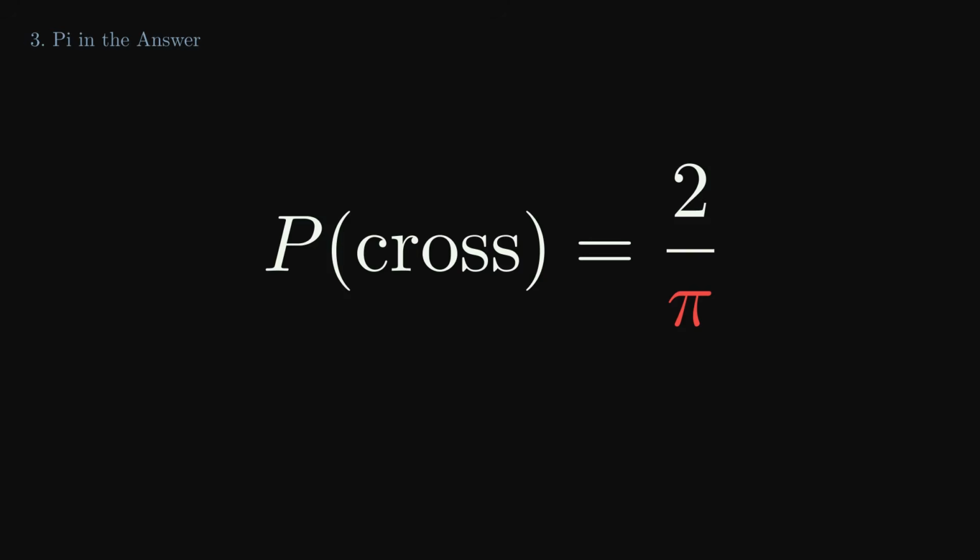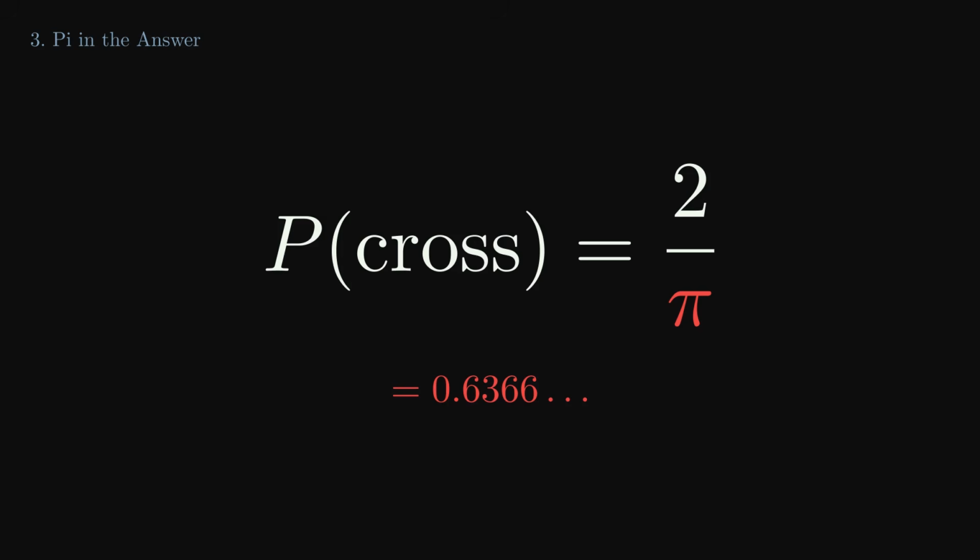The circle constant, the ratio of a circle's circumference to its diameter, sitting inside a problem about straight needles and straight lines. There is no circle anywhere in the setup. There is a floor of parallel lines and a thin straight rod, and yet the fraction that cross is governed by pi. Punch 2 over pi into a calculator and you get 0.6366, which is exactly the number the drops were settling on.